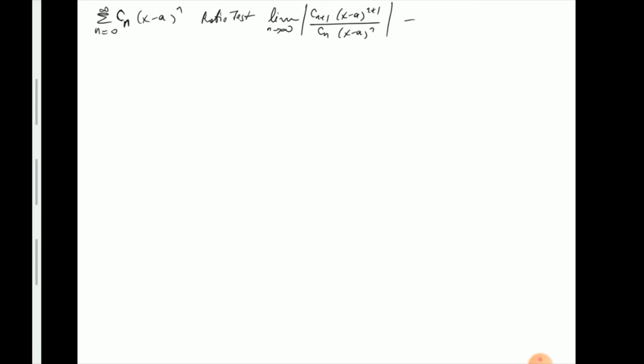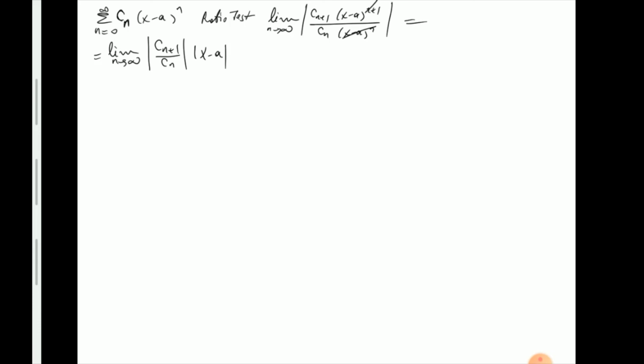So in the ratio test, if you simplify this, notice you could separate Cn plus 1 over Cn from the absolute value of x minus a.